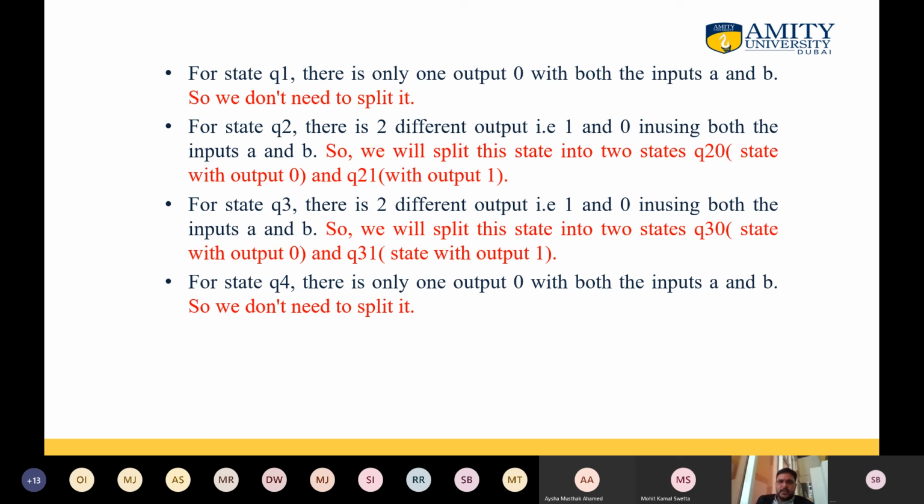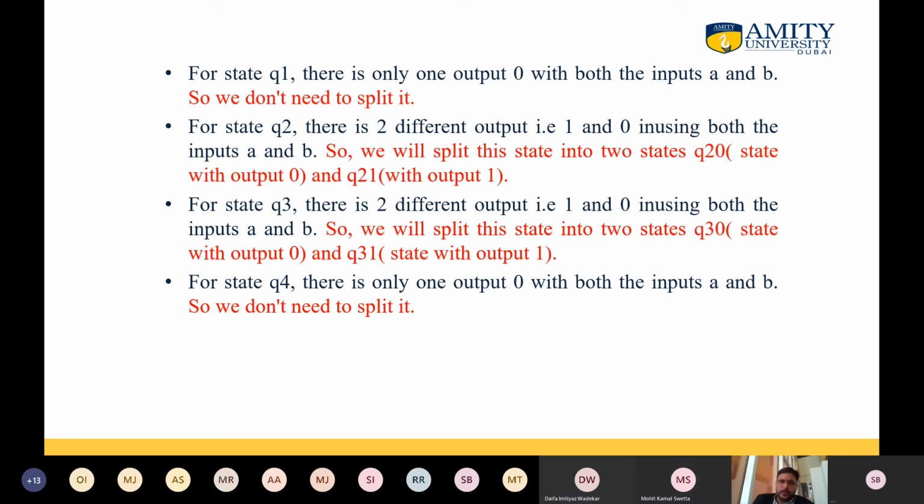And for Q4 there is only one output, so you don't have to split that. Everybody understood how we are splitting and why we are splitting? Is there any confusion? No. Okay, so we will go to the next slide.